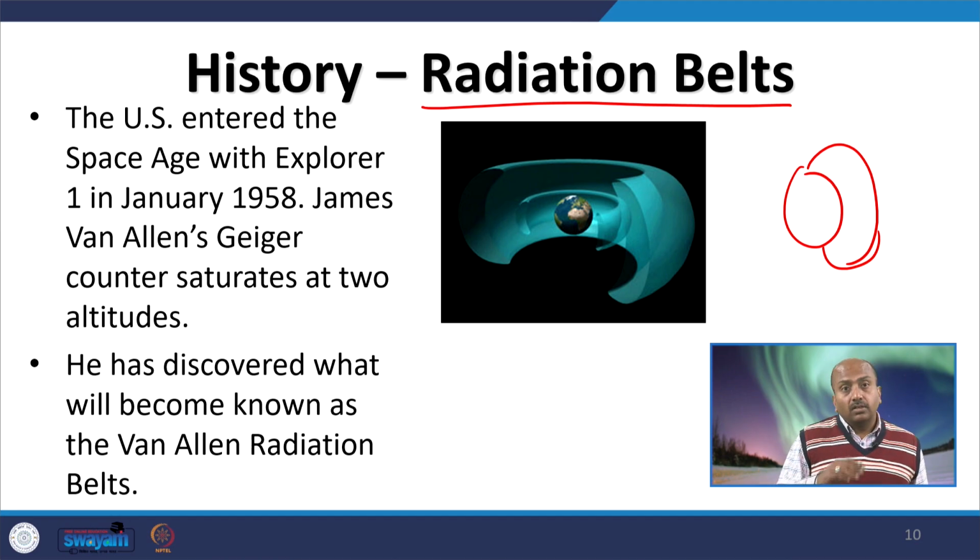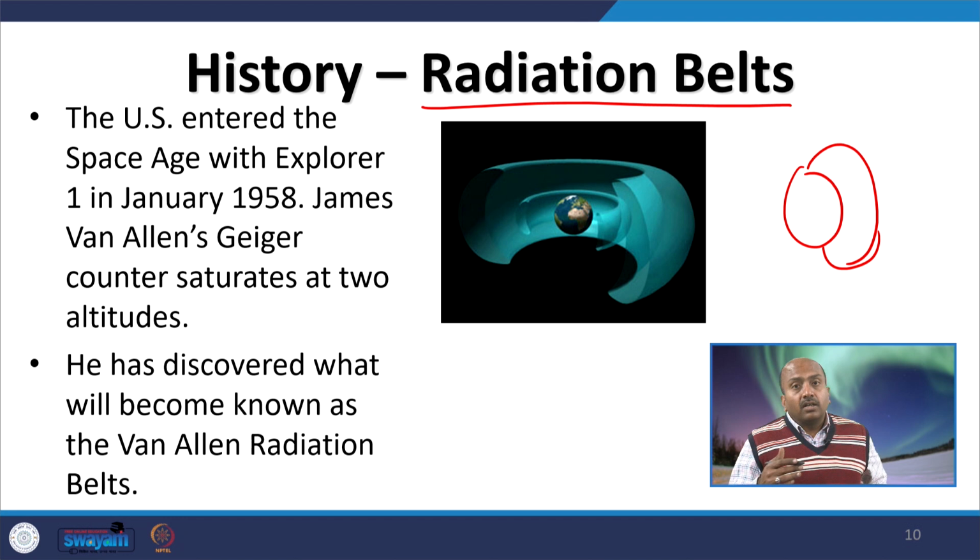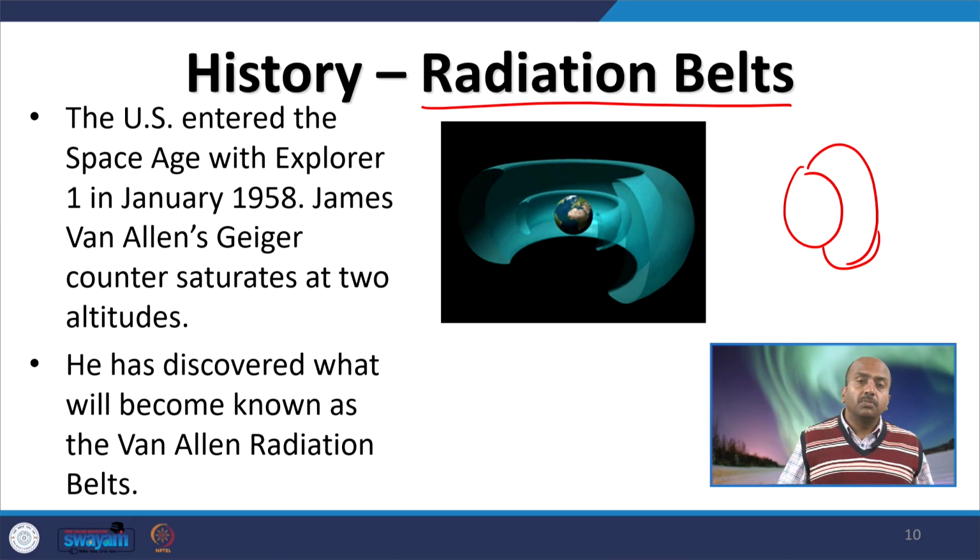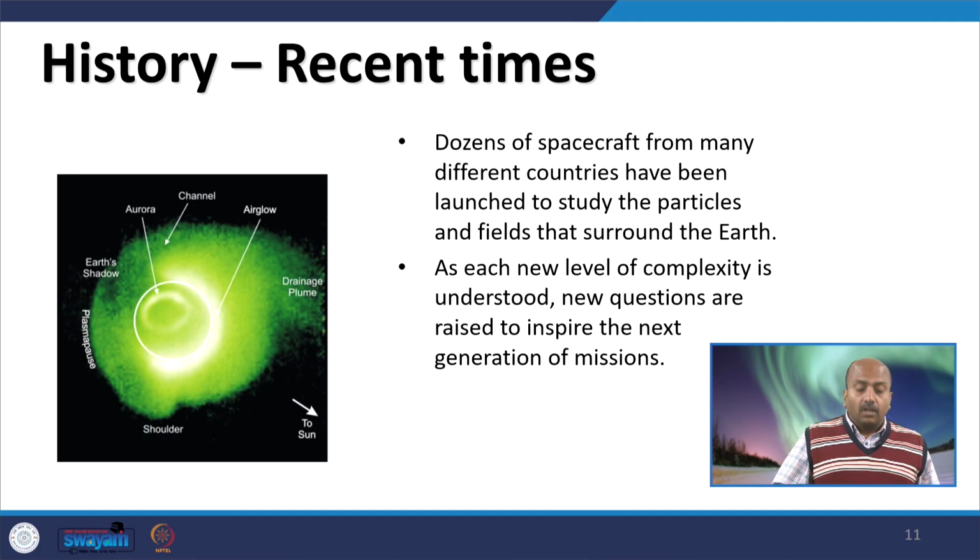We know that in these belts there are large amounts of trapped particles, and these trapped particles form into 2 belts. Actually, we know that there is belt number 1 and there is belt number 2. So, what are these belts? They contain large magnitudes of highly charged particles, right. Now, whatever we have spoken about so far is the history.